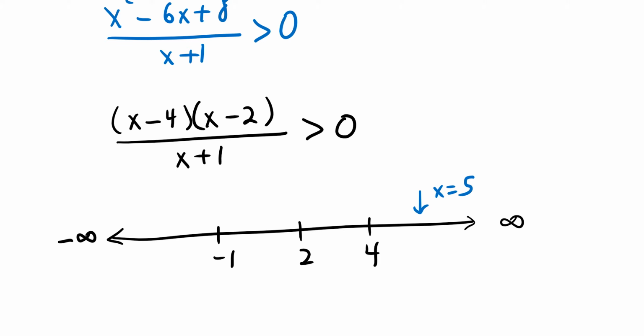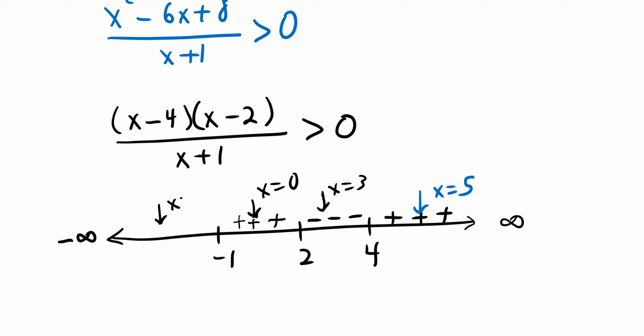When you substitute the 5 in, you're going to get 5 minus 4, that's a positive value. 5 minus 2, that's a positive. 5 plus 1, that's a positive. All of them are positive values. If you pick x equals 3, you're going to get negative for the first one and positive for the others, so that's a negative. If you pick x equals 0, that would be negative, negative, that's a positive, over positive.